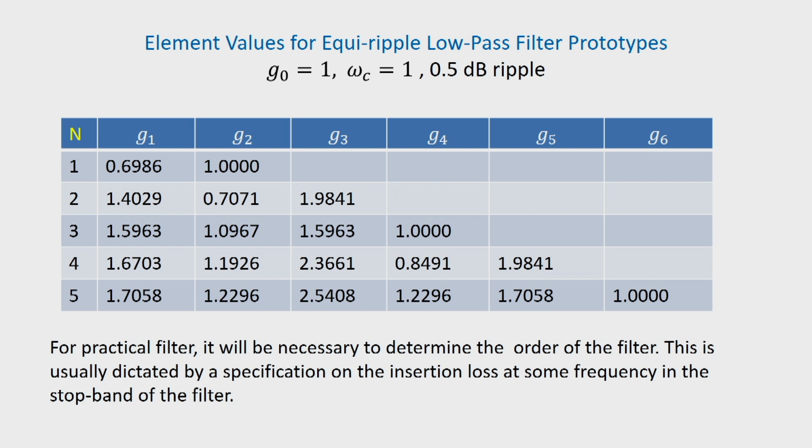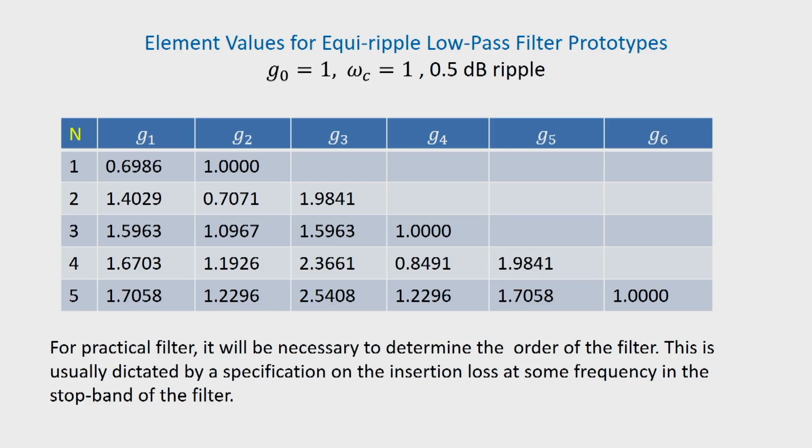So, once we design the prototype by using the values of G 1, G 2, G 3, we can map them to the prototype circuits which we discussed earlier, and then we can carry out the impedance scaling as well as frequency scaling to get the actual cutoff frequency, and also the source impedance may be changed to the desired value of the source impedance.